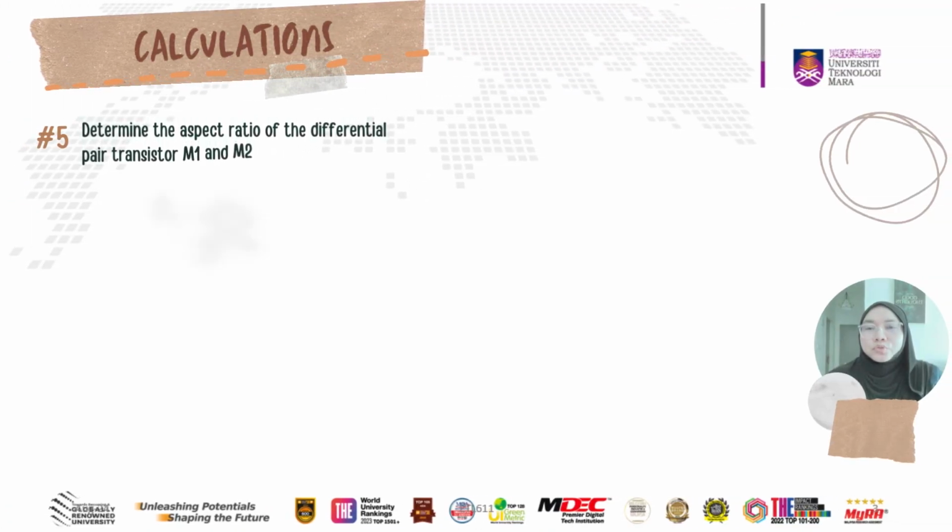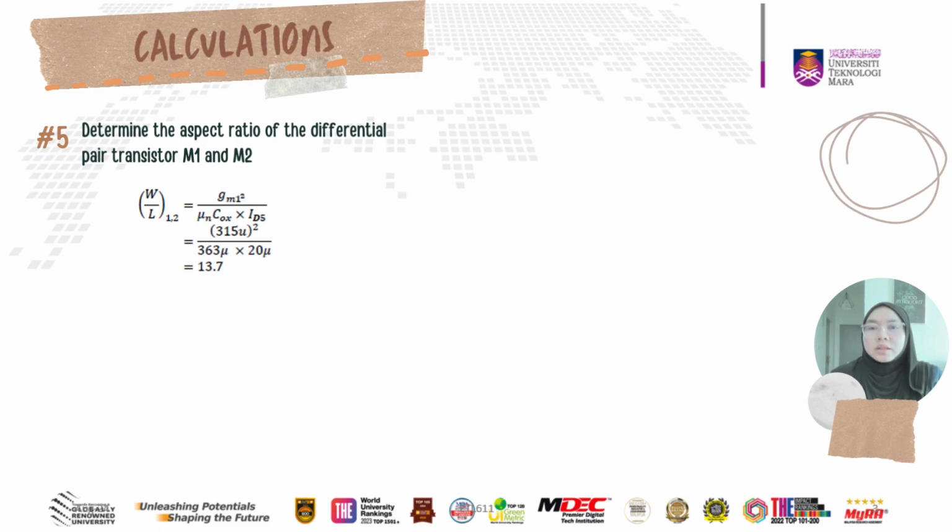Now let's move to step number 5, where we determine the aspect ratio of the differential pair transistors M1 and M2. So W over L at M1 and M2 is given by GM1 squared, where GM1 is based on step number 4 that we have calculated before.